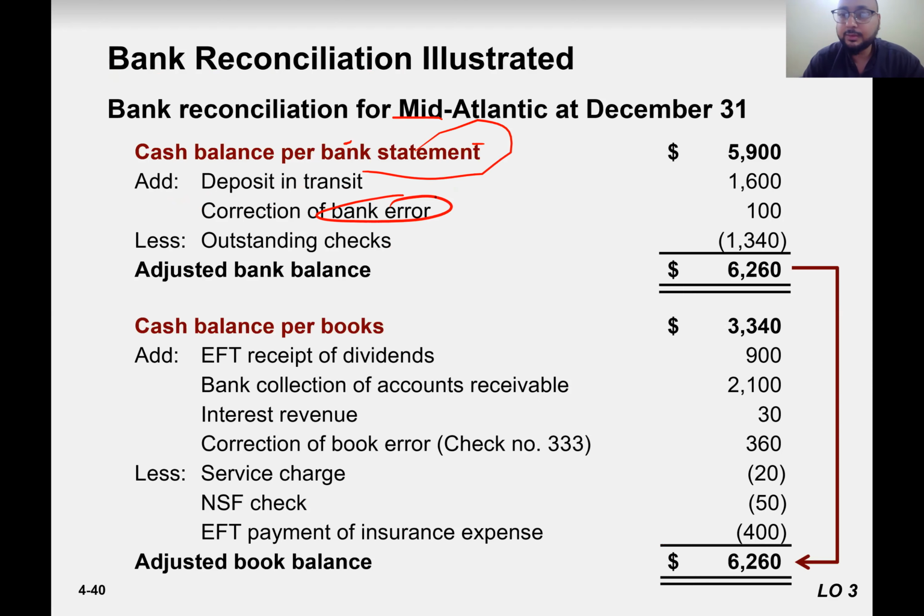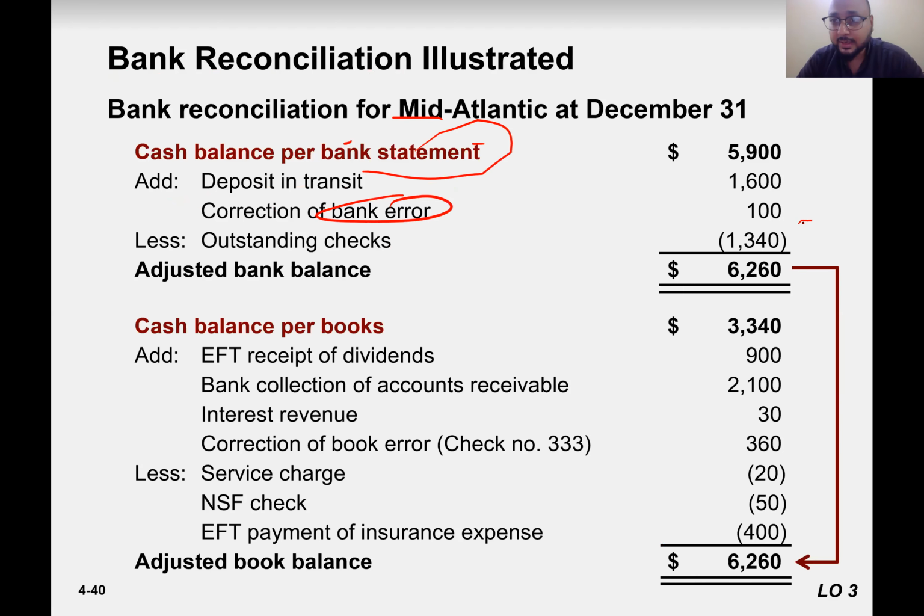So there is a discrepancy over there. Outstanding check, you cut the check, you paid it to your supplier, your employees, but the payee did not present the check. It means on your books you decrease the balance, but bank didn't receive the check yet, so they didn't decrease your balance, right? It should be decreased, so you decrease it here.